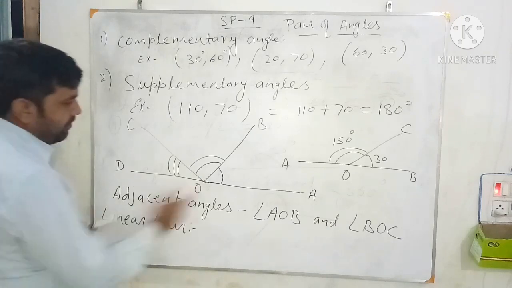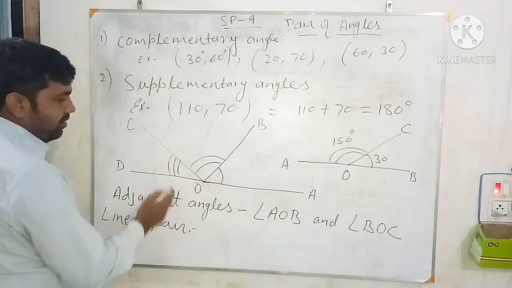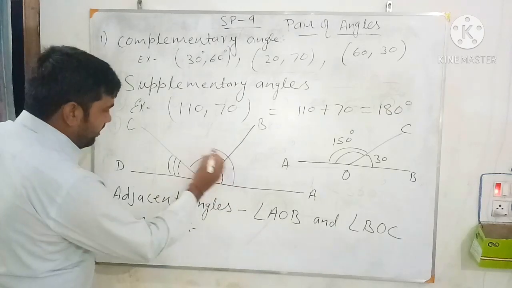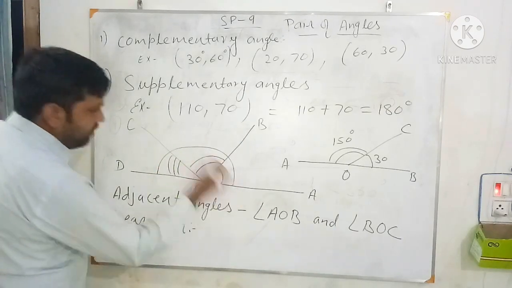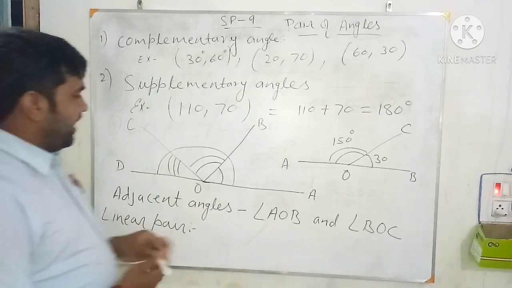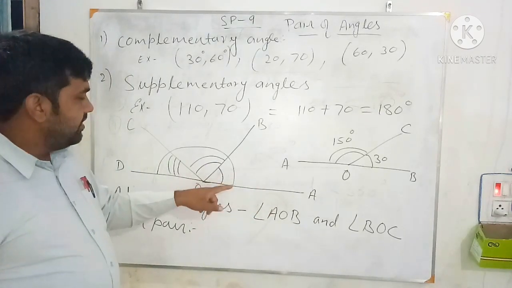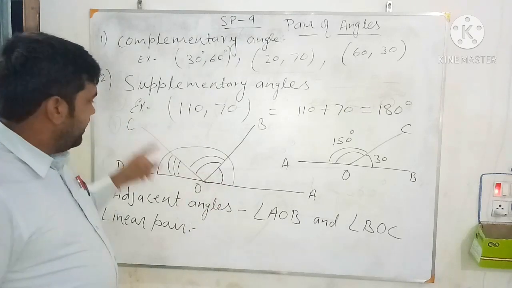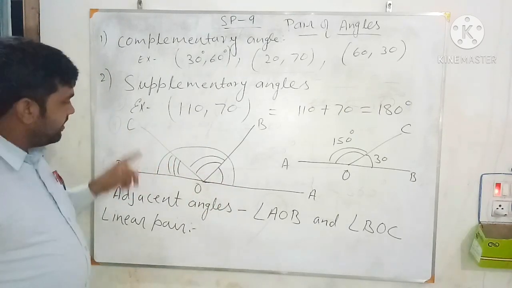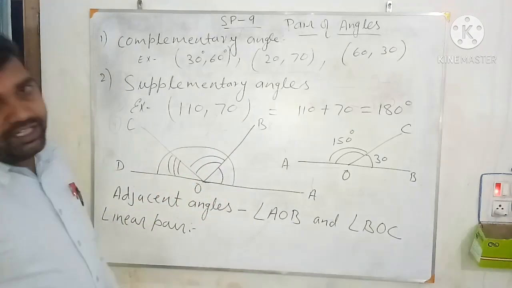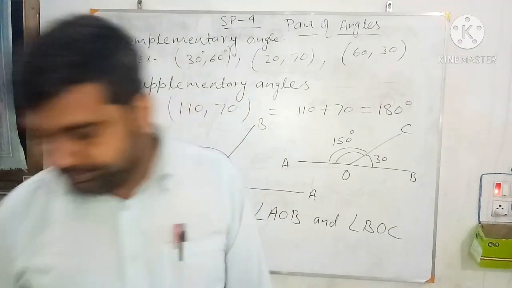If you take the sum of these three angles, you will get 180 degrees, a semicircle. So the sum of all the adjacent angles AOB, BOC and COD on a straight line is 180 degrees.